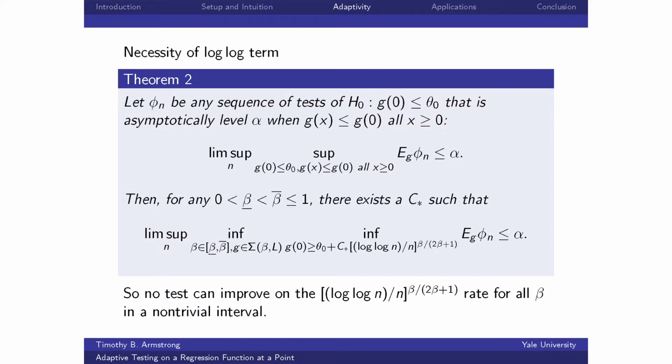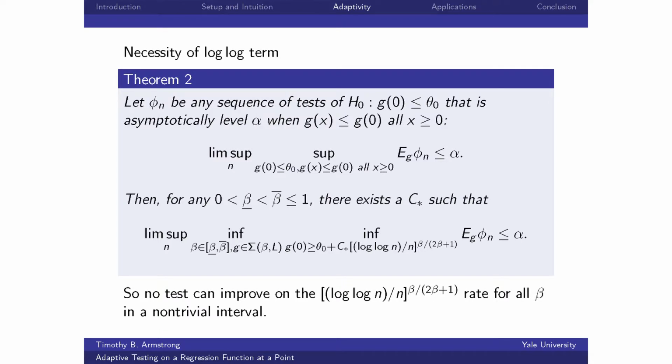So I won't go over the proof, but the basic idea I think is pretty intuitive. Basically, you just find an approximately least favorable distribution under the null and an approximately least favorable distribution for each of these, for a grid at least of values of beta.